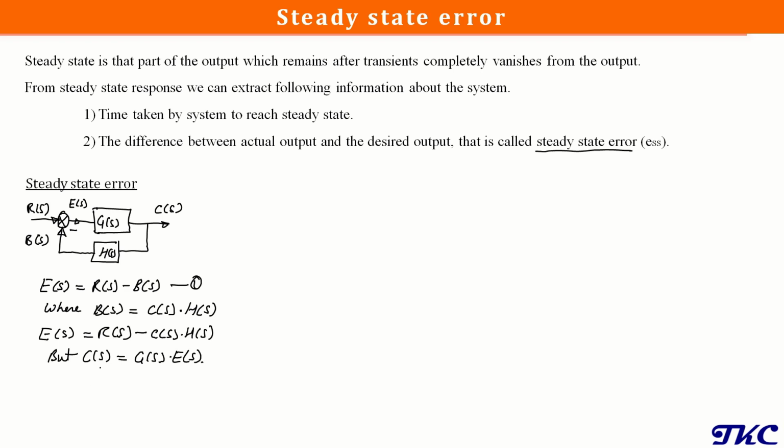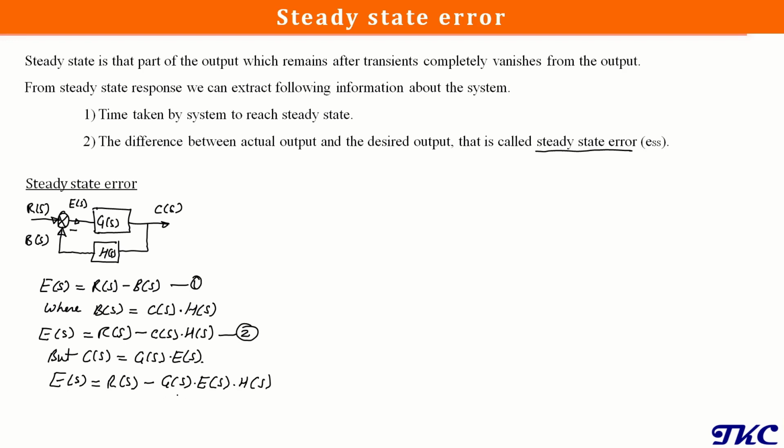Again substitute this C(S) in equation number 2. So our error signal will become R(S) minus, now in place of C(S) we write G(S) into E(S), so it will be G(S) into E(S) into H(S).